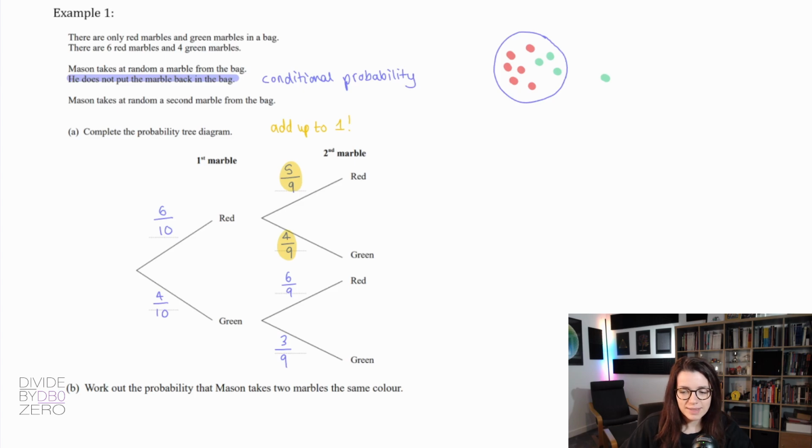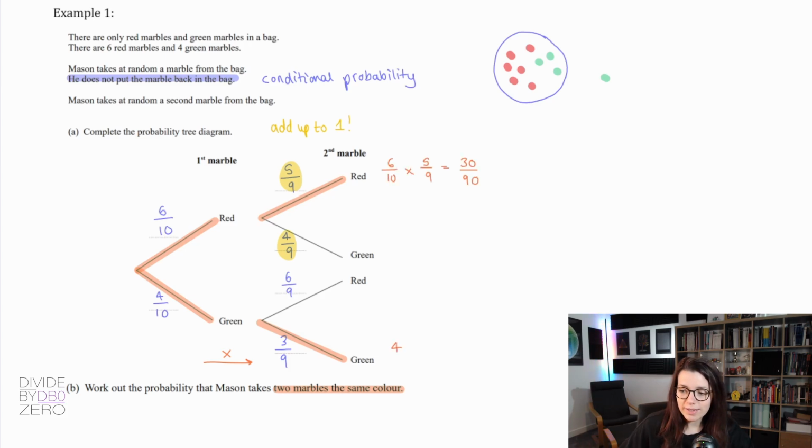Work out the probability that Mason takes 2 marbles of the same colour. So to do this, I like to select the pathways on the tree diagram that I'm interested in. So same colour would be red, red, or green, green. Then going across the tree diagram, we multiply the probabilities together. So for red, red, that's going to be 6/10 times 5/9, 30 over 90.